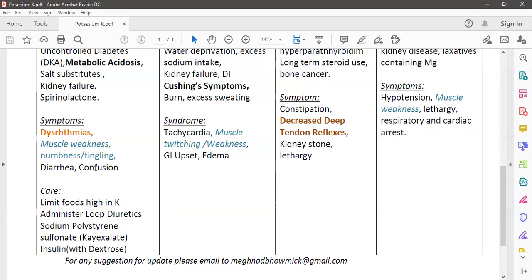Numbness means abnormal or tingling sensation, the same as in hypokalemia. Now the question comes, what about the EKG?